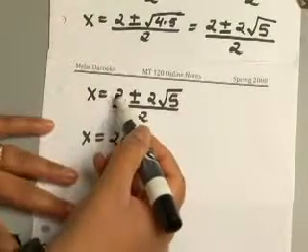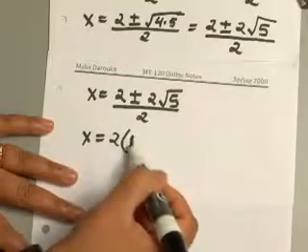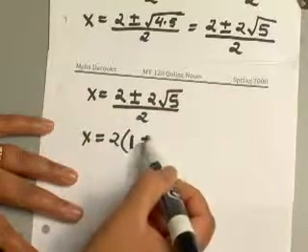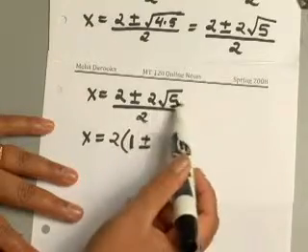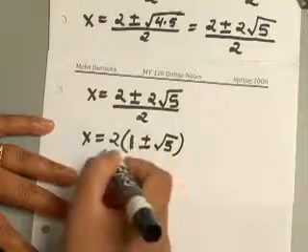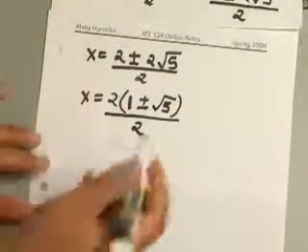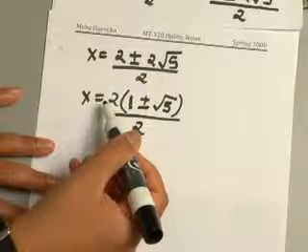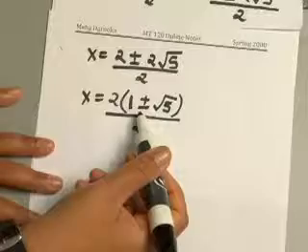If I take the 2 outside, that leaves me with 2 divided by 2, which is just 1. Your plus and minus in the middle. We took this 2 on the outside, so that means we're just left with square root of 5. And this whole thing over 2. And now once we pull that 2 outside as your greatest common factor, you're left with 2 times 1 plus or minus square root of 5.